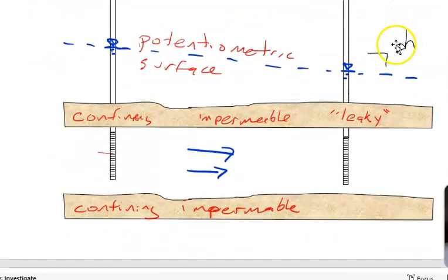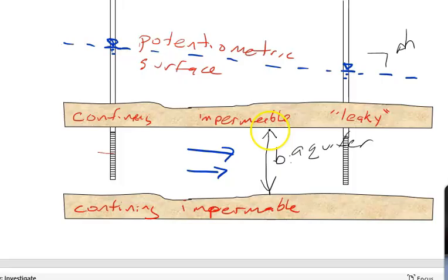All right, one more thing, a number that we'll need is the aquifer thickness. We need that for volume calculations and such, and we usually use a B for that. Aquifer thickness.